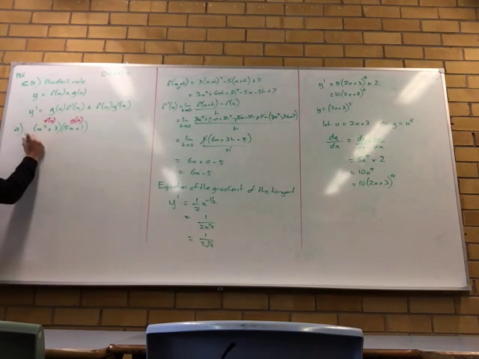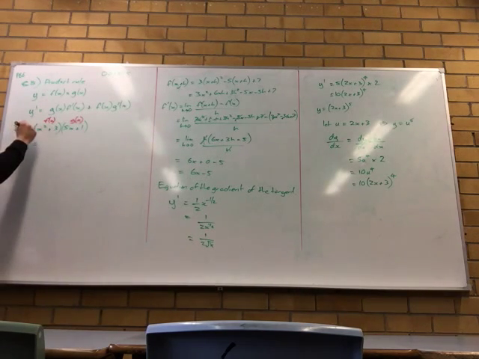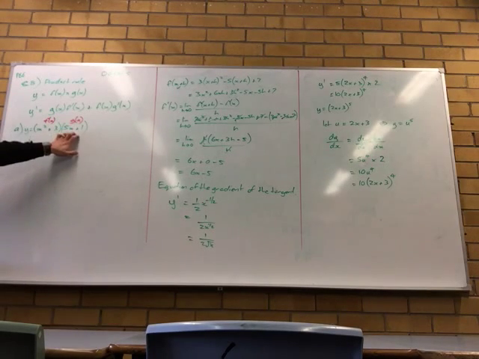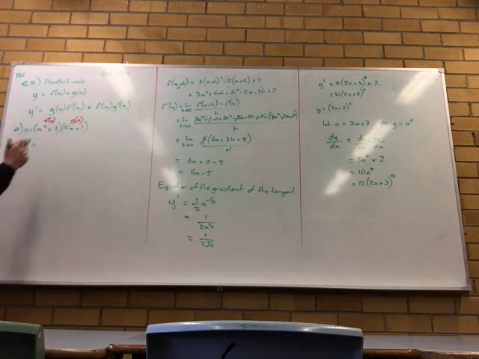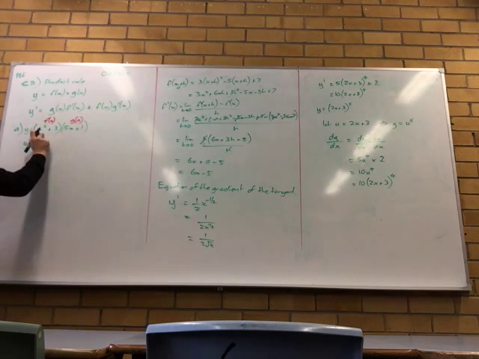Alright, so y dash, so this is really y equals. It equals g of x times the first derivative of f of x. Second times the derivative of the first. I'm just going to put it out the front. Actually, I'll do it in the order I've just said it.